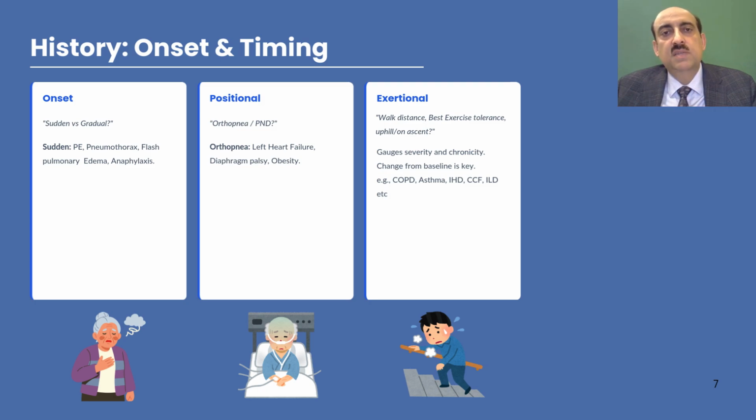So that means there is something to do with conditions like ischemic heart disease, coronary artery disease, or interstitial lung disease, or any of the lung problems of parenchymal disease itself. It can also indicate conditions like COPD and asthma, where airway bronchospasm leads to exertional dyspnea on top of the baseline problems.